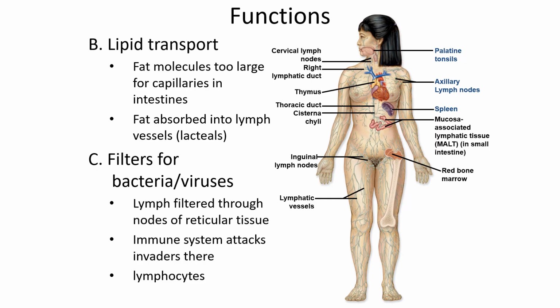Think of your lymph nodes, dispersed all throughout your body, as little security checkpoints that check the fluid. We talked about the fluid that enters into the tissue space as lymph, but it checks the lymph for anything that may be bad, like germs and bacteria, and then immune cells can be sent out to attack those foreign bodies.